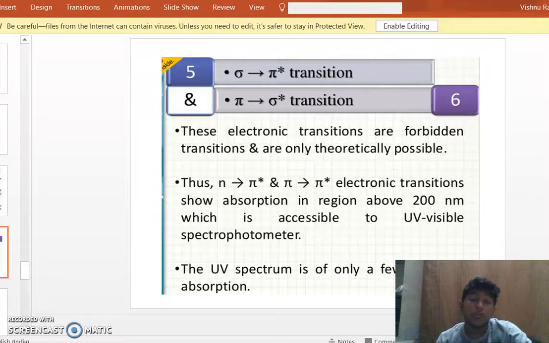UV visible spectrometry is used for many applications in the medical field and to find compounds in the organic field. I have used it in one of my projects to find the silicon nanoclusters in silicon carbide. The interesting part is that from UV visible spectrometry we get the absorbance, which is plotted against the energy.